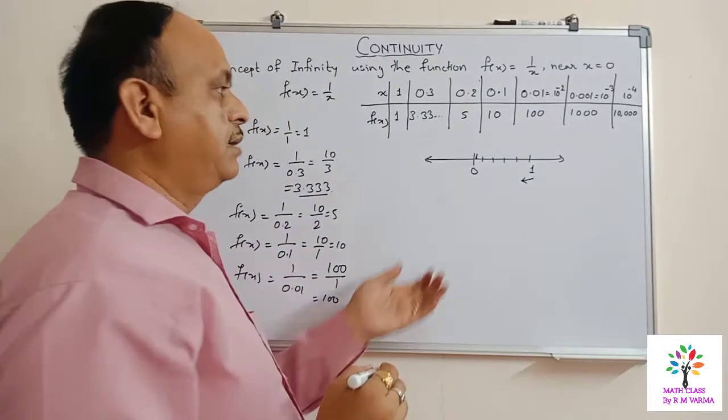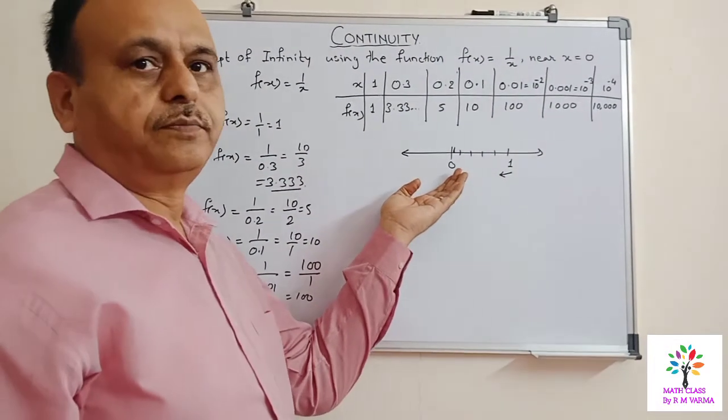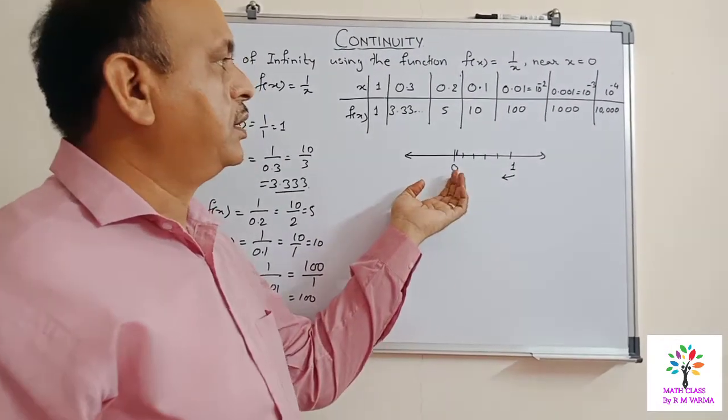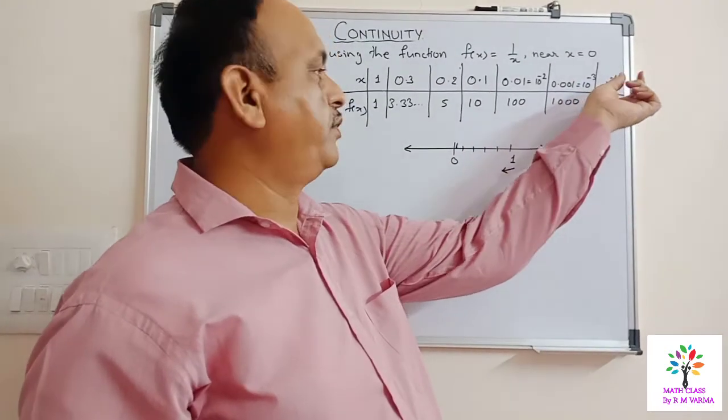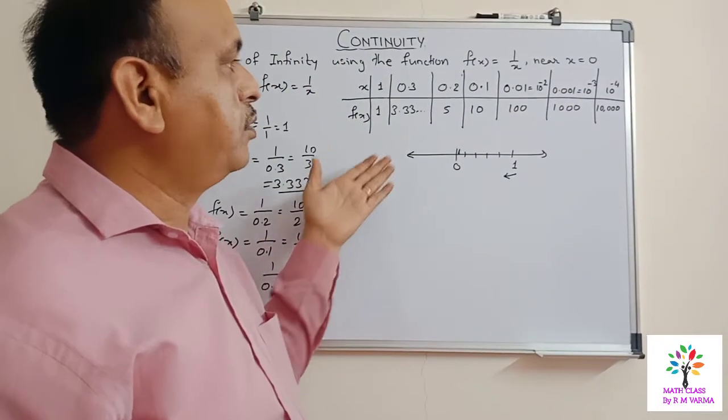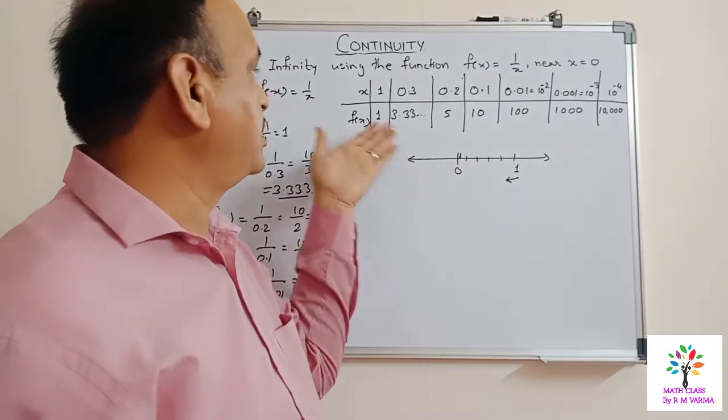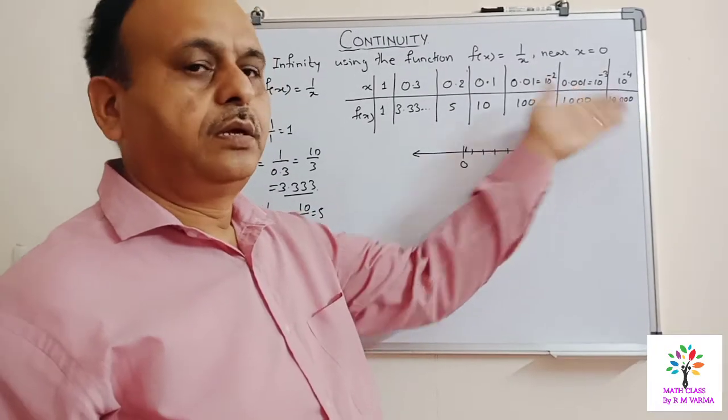So as I am approaching very near to 0, this value is decreasing, reaching very near to 0, and the value of the function keeps on increasing.